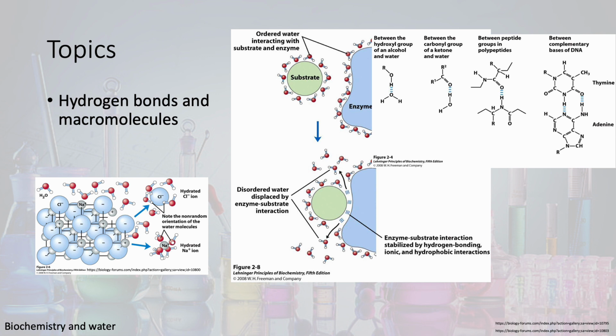And then over here, how alcohol interacts with water, how certain ketones interact with water, this is what I was referring to earlier. Once we get to actually talking about amino acids and peptide sequences, what hydrogen bonding is or isn't available can affect how peptides interact with each other, whether that's influencing secondary structures or how peptides interact with other peptides.